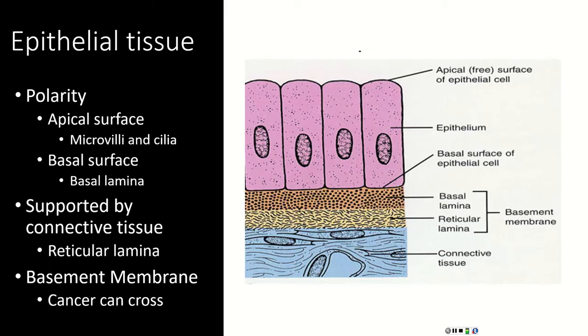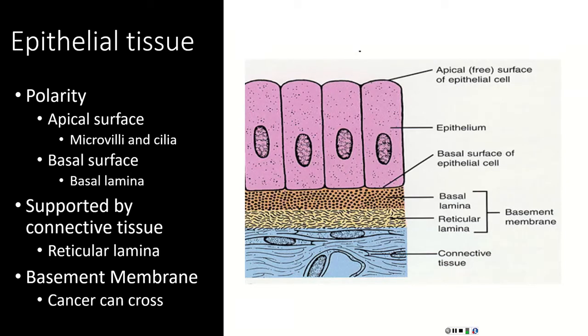But some cancers actually develop the ability to move. And if they develop the ability to move, sometimes they can develop the ability to cross the basement membrane. And when they do that, we say they are metastatic. Metastatic is a cancer that can move from one place to another.